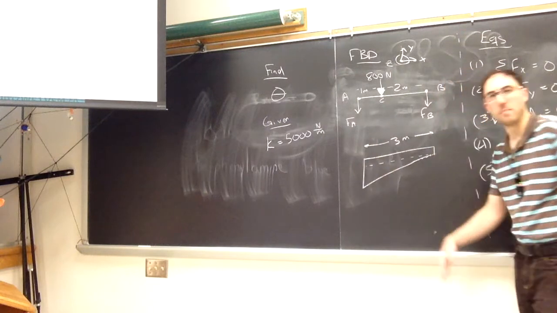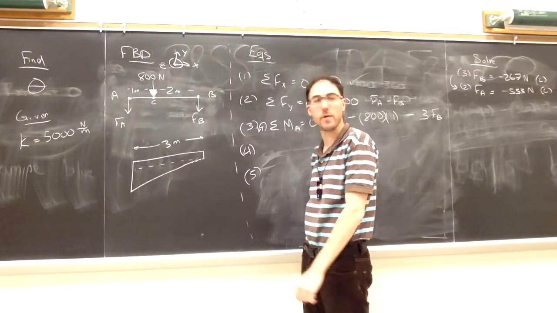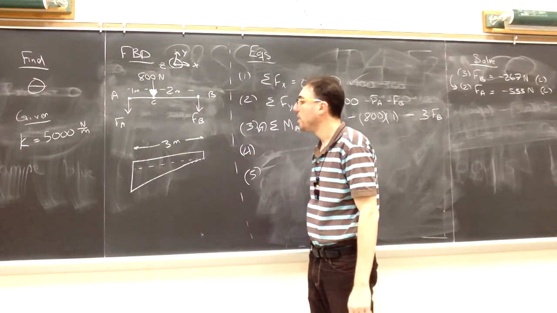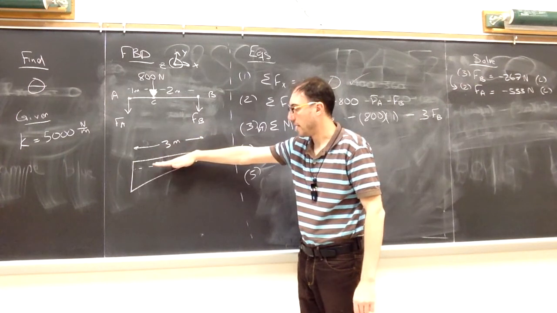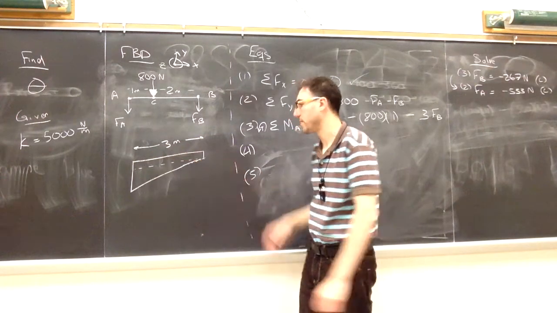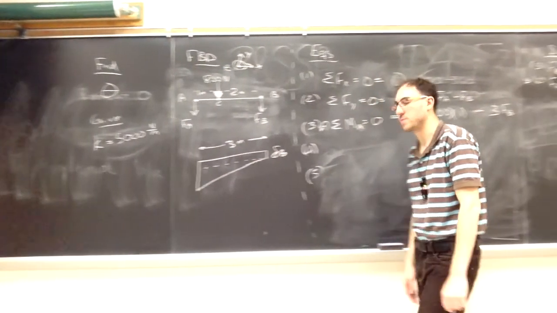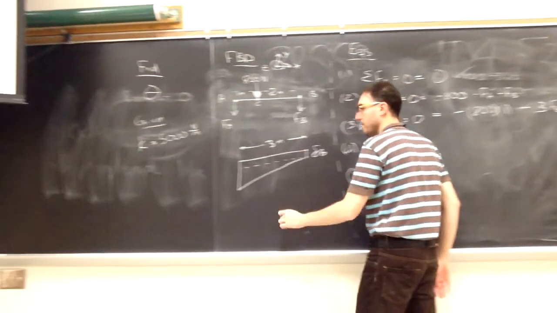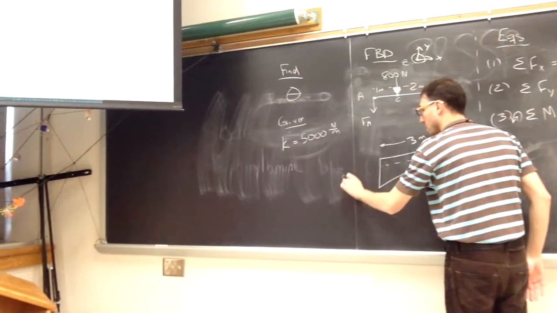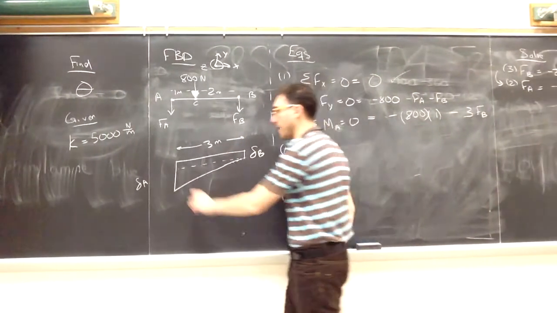I'm assuming a small angle of displacement, so I'm assuming that all of my displacement is going to be vertical in this case. So what happens is I push down, so it lowers, and then it's going to tilt because one side displaces more than the other. The right-hand side is going to displace by a distance of delta B, and then the left side is going to displace by delta A.